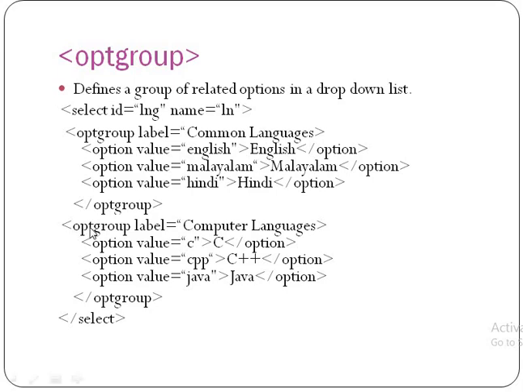Another group is created using another opt group tag, and here the label attributes value is given as computer languages. And if you define some list of items inside this particular opt group, then it should be included within opt group starting tag and opt group ending tag. So this is how it is defined. Now let us see how this works with the help of an example.